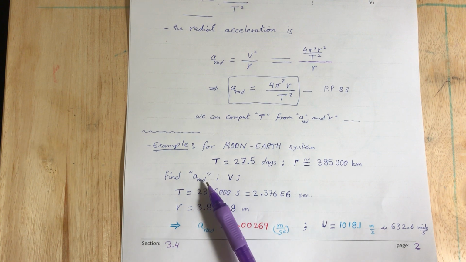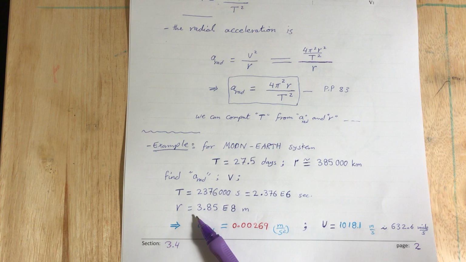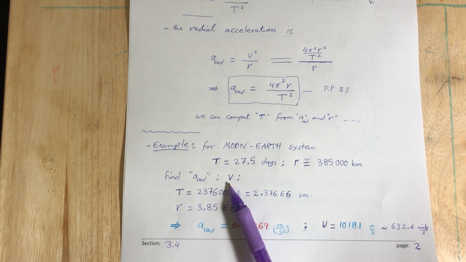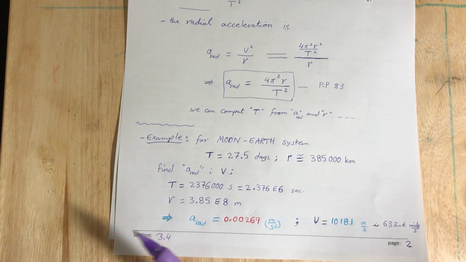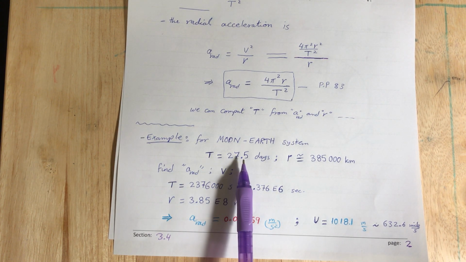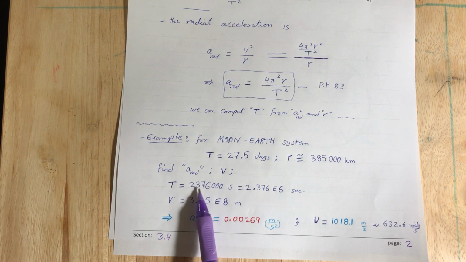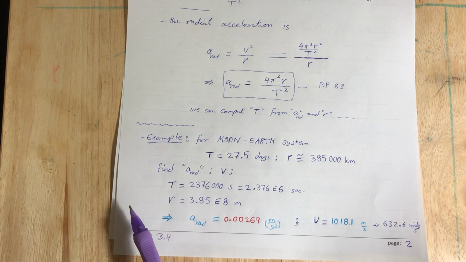Can we find the acceleration between the earth and the moon? And we can also find the speed of the moon rotation. Now the time, which is 27.5 days, I convert it to seconds, which is 2,376,000 seconds.